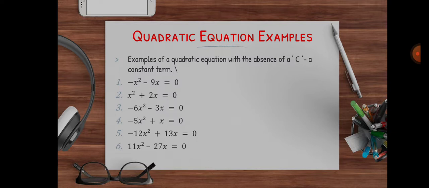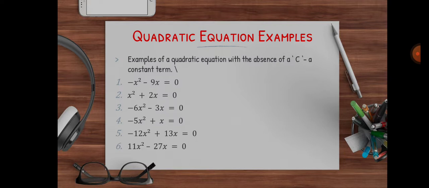So there is no c. Can we still call it a quadratic equation? Yes. As long as a is not 0 and it has a degree of 2, it is a quadratic equation. Again, b and c can be absent or they can be equal to 0, but a is a non-zero constant, or cannot be equal to 0.